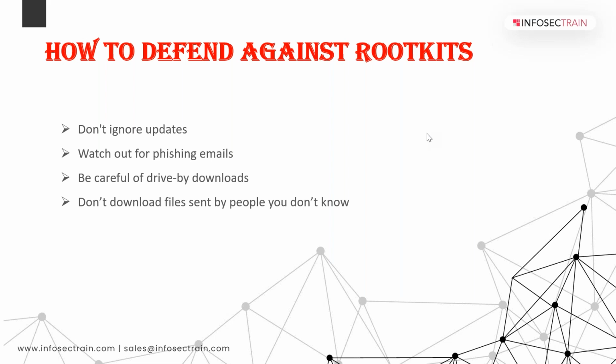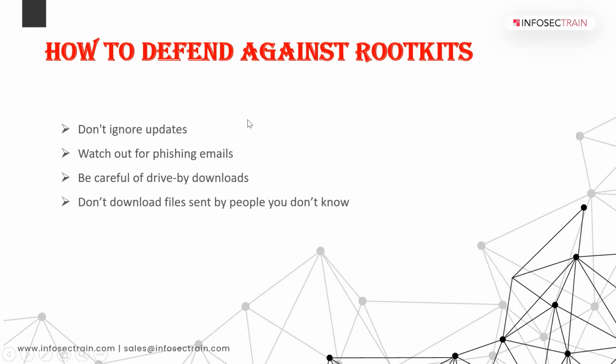In WhatsApp and Messenger applications, sometimes we'll be receiving files from unknown persons. And whenever you are added to groups, even personal groups, many of our friends will be providing some links. So don't download any file sent by other people. That is one of the ways we can defend against rootkits.